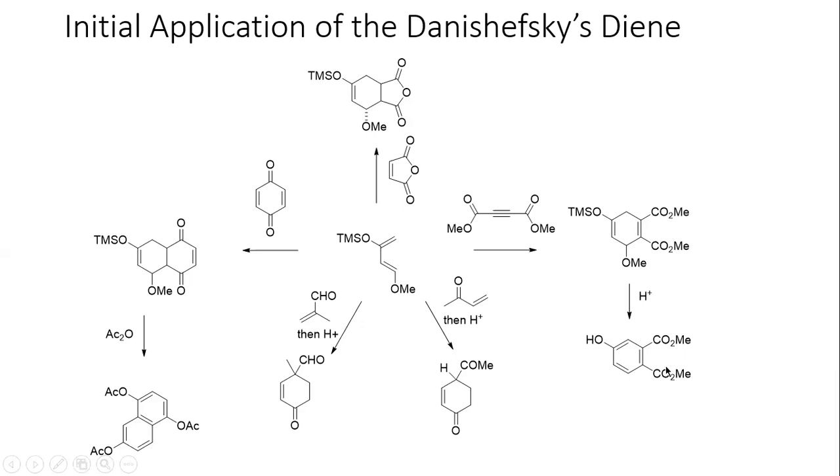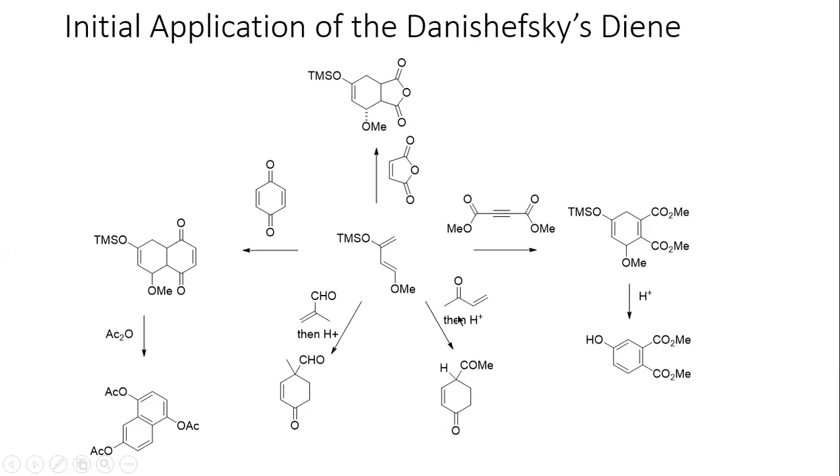All right. Also, the diene, when treated with methacrolein, obviously you get a six-membered cyclohexane that's substituted here. And you can see here the methacrolein reaction is going to give you this with the silyl-protected enol.